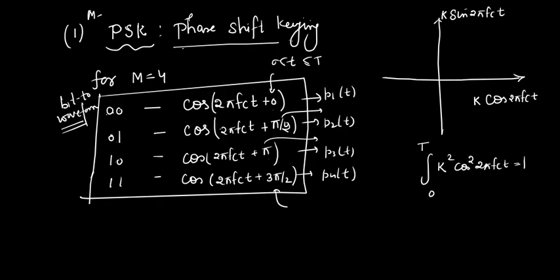So, I say that k is some normalization factor, accordingly I will decide the value of k. If you want to know, I think it is root 2 by T. You can simply do it.